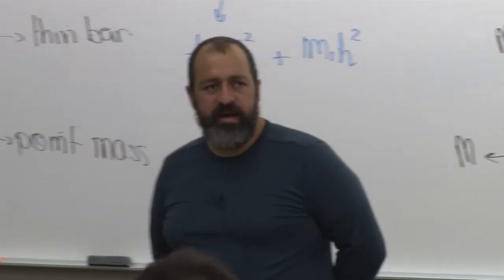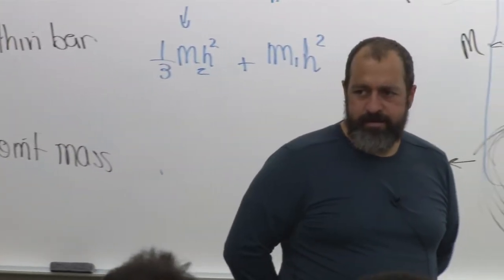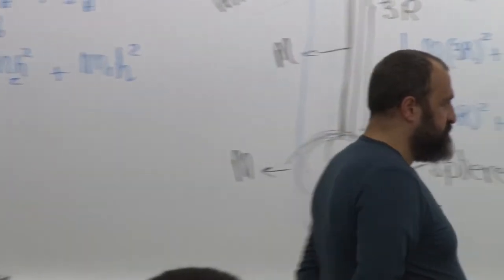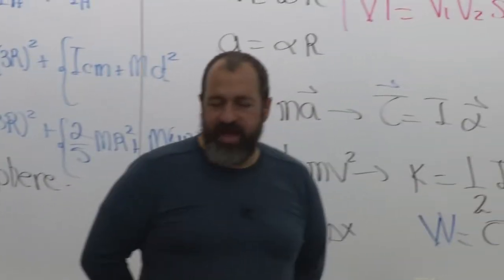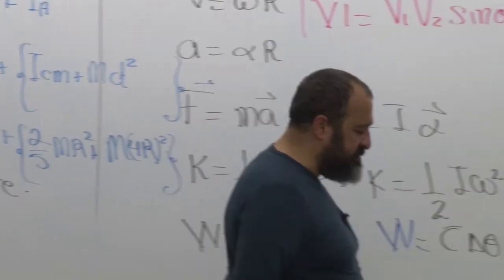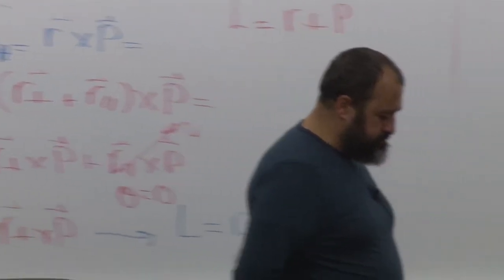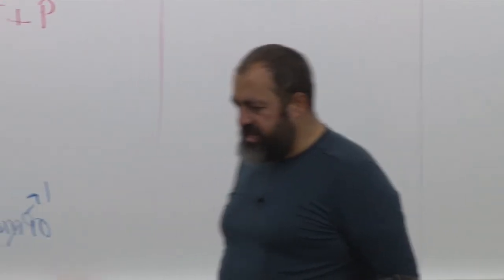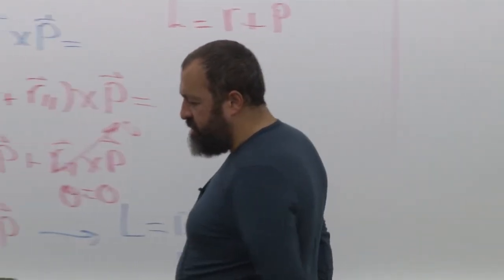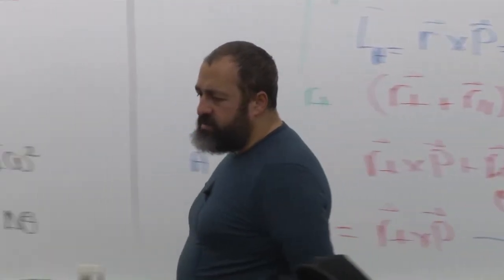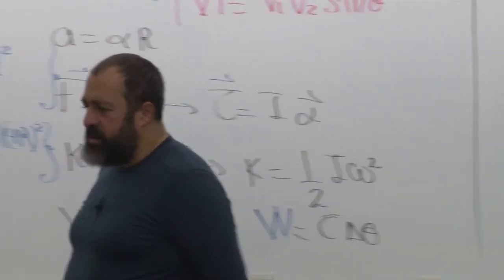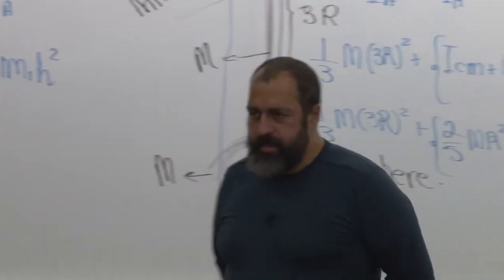But the outline says that we're not covering angular momentum, so we'll have to stick with that. We'll do this lecture on angular momentum. It's good for you to know it, but we will not test you on it, okay?